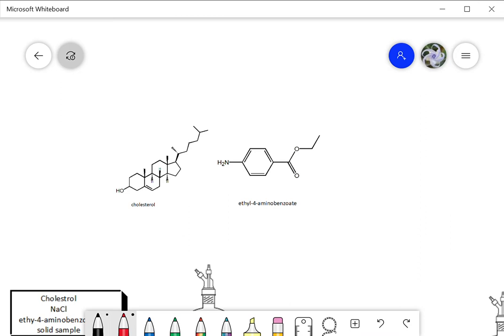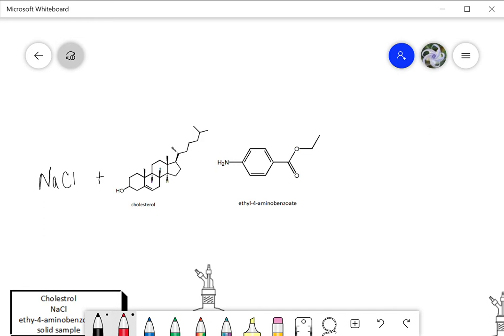This week we're going to do a 3-component mixture, and we're going to separate sodium chloride from cholesterol and ethyl 4-aminobenzoate. So we're going to use a SEP funnel again this week, and we're going to play the like dissolves like game again.